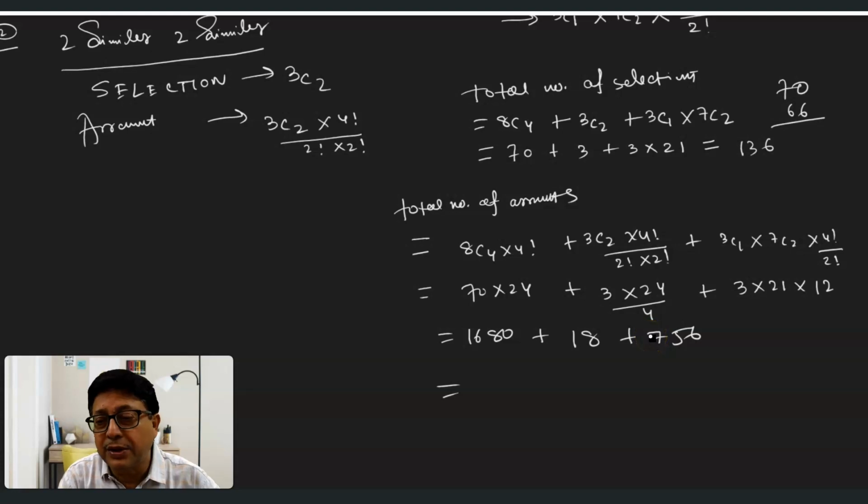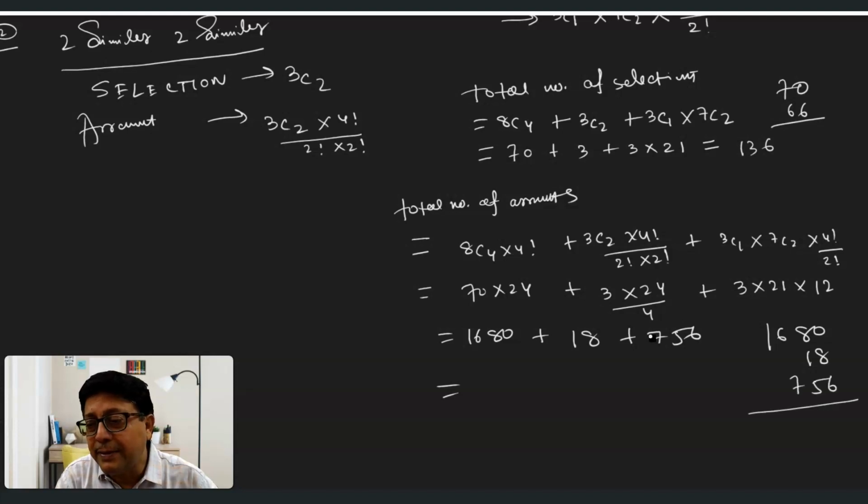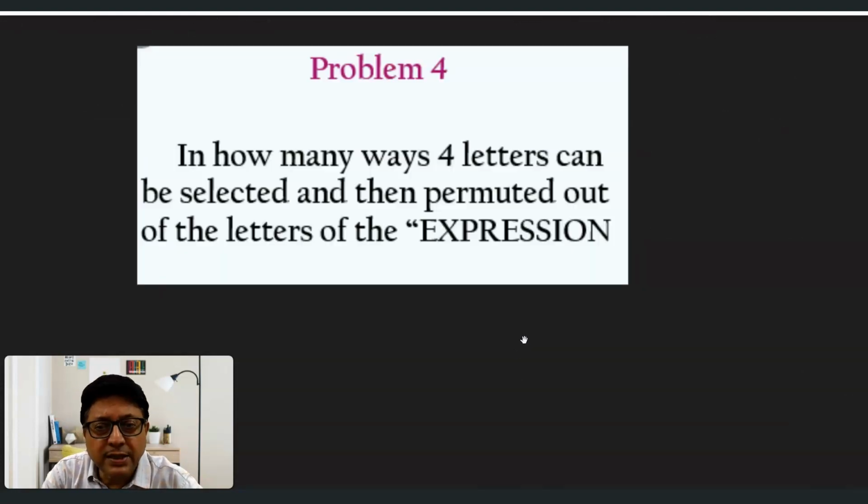Now if you add all these, 1680, 18 and 756, it is 2454.